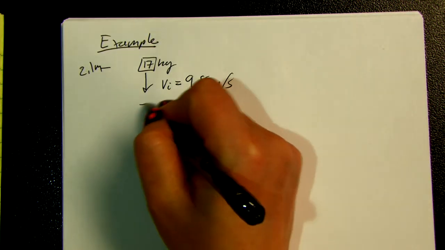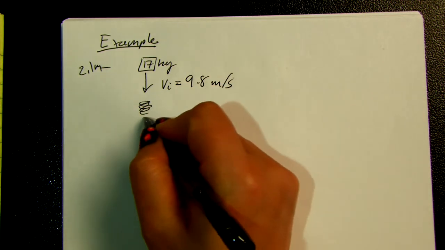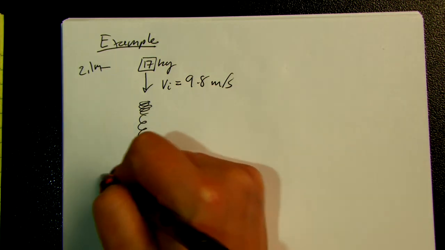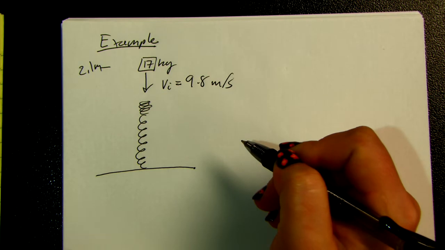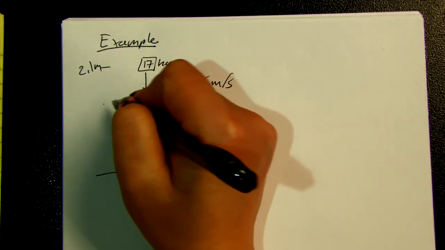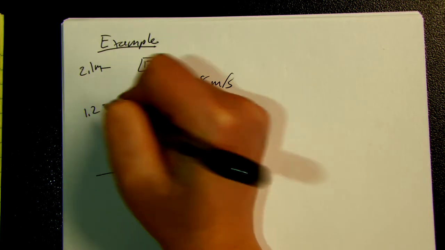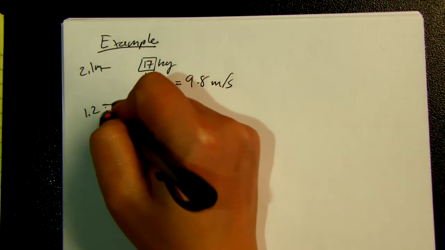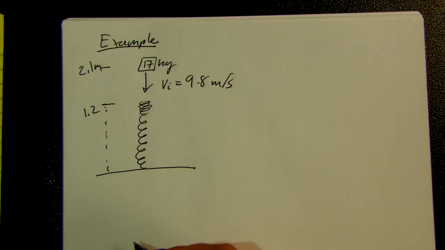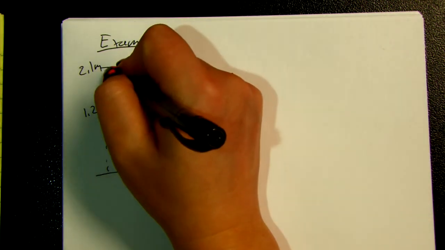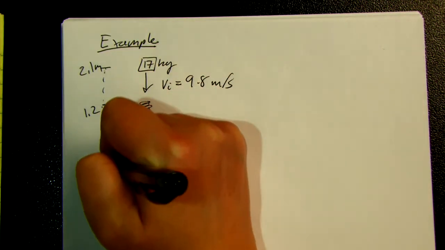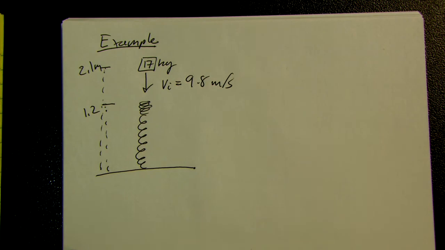Now, it is falling towards a spring. This spring is presently relaxed, and it's presently 1.2 meters above ground. So we've got 1.2 and 2.1. So this is our setup.